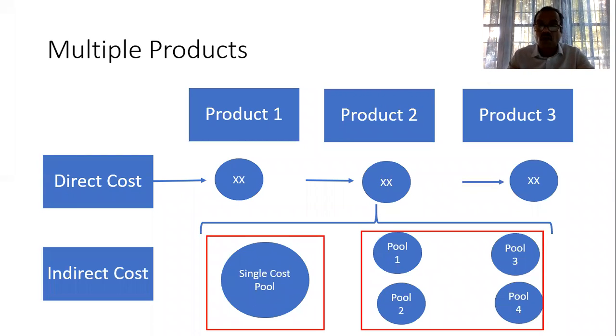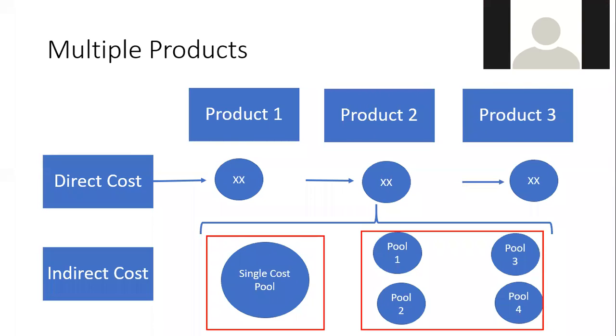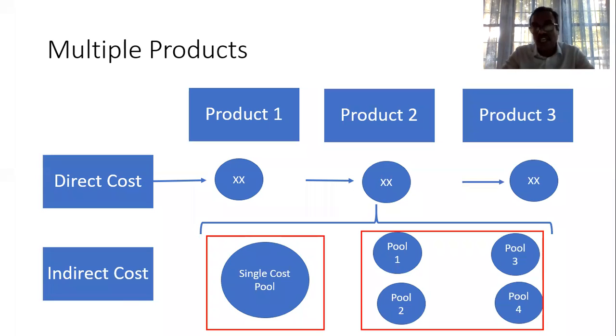If you take organizations like Microsoft, Amazon, and almost all IT giants in the world, indirect cost is huge. Then we need to have sophisticated methods. That is the reason why, as we will discuss later, systems like activity-based costing came in.